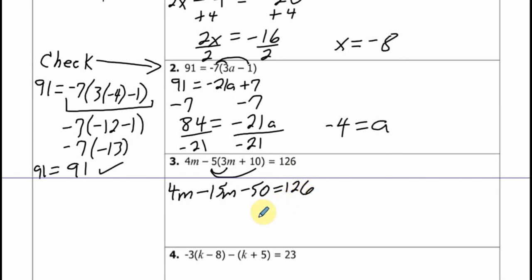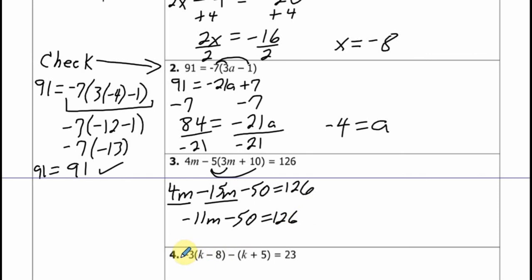All right, so we got rid of grouping symbols. That's step 1. Step 2 is combine like terms. So I see a term here that has an m in it. See another term that has an m in it. So I combine them, 4m minus 15m, get a negative 11m minus 50 equals 126.